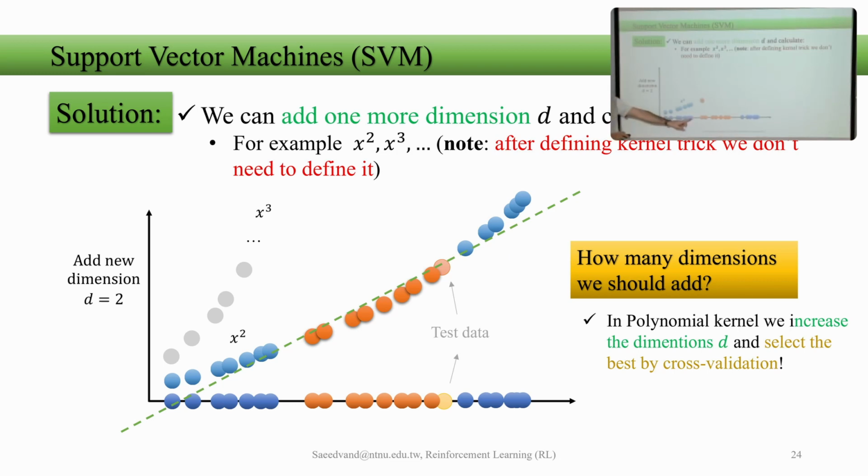For each one of these, I bring it to the second dimension. I continue, and you look at the new data. What is happening? Now the data is looking more understandable for my model to be able to have a line to split it, or a hyperplane to split it.